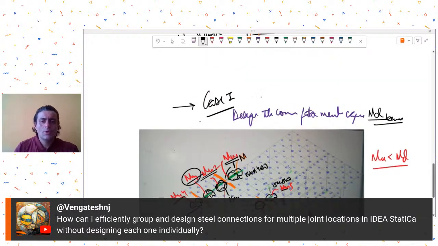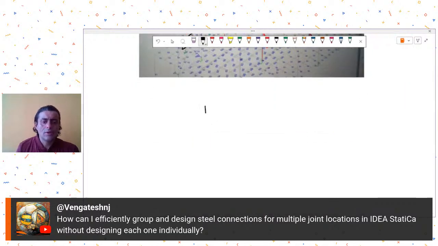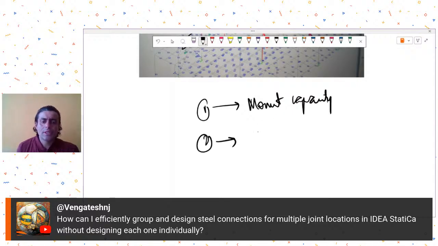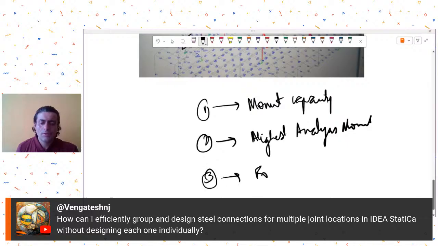Strategy one could be that you design all your connections for moment capacity directly. Okay. Second strategy could be that you design for the highest analysis moment. And third strategy could be that for each member, depending on the moments and shears, of course, you design the connections individually.